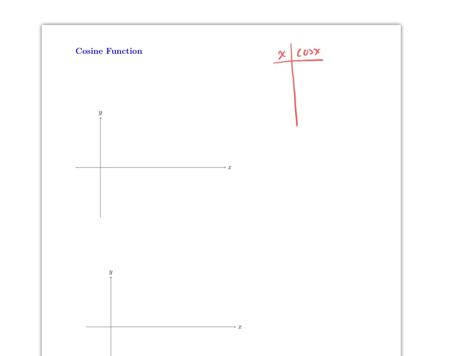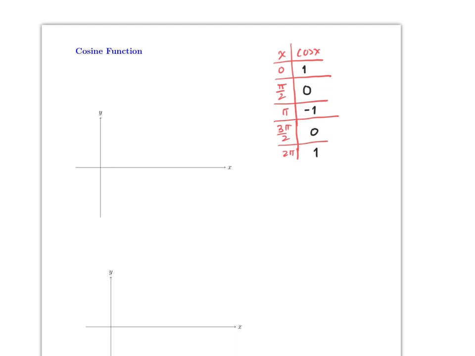X will be 0, pi over 2, pi, 3 pi over 2, and 2 pi. Okay. But now the values, and these values you should memorize. This one starts at 1, then it becomes 0, then it becomes minus 1, 0, and it goes back to 1.